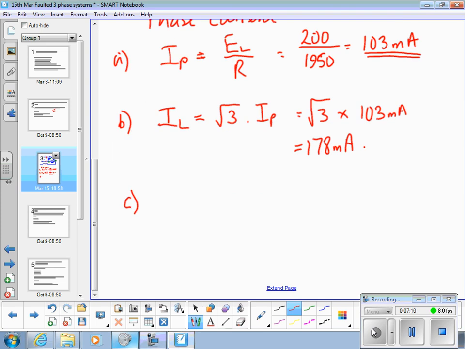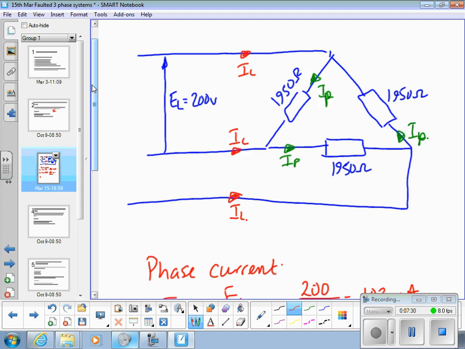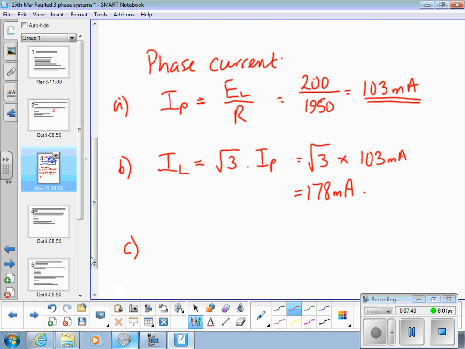How can we go about doing that? If we look at one of them, we know the total power is that power plus that power plus that power. So if we find one of them and multiply by 3, we can use IP for each phase.